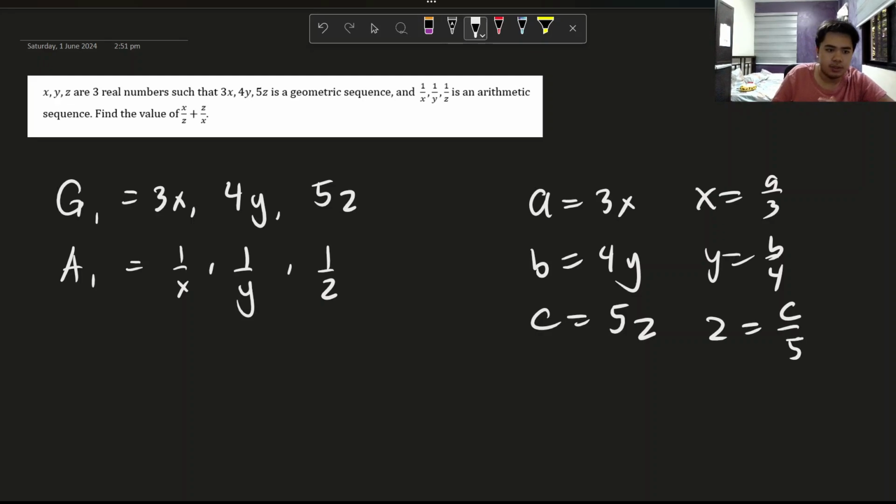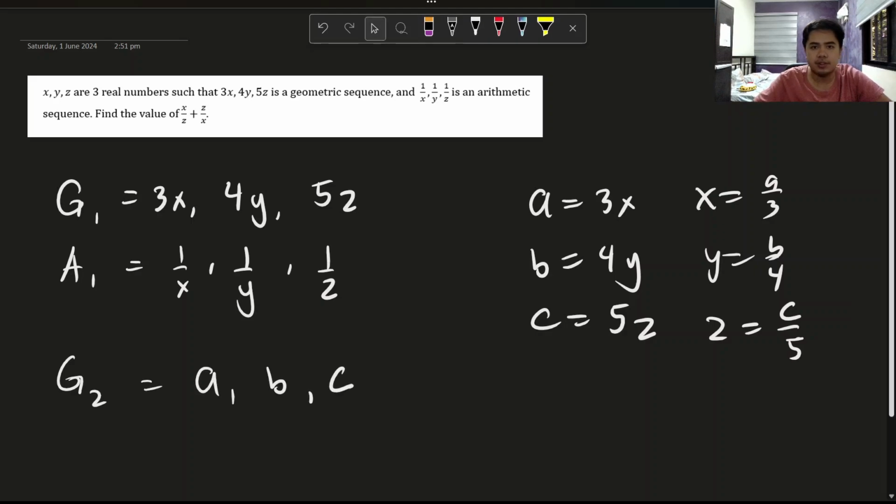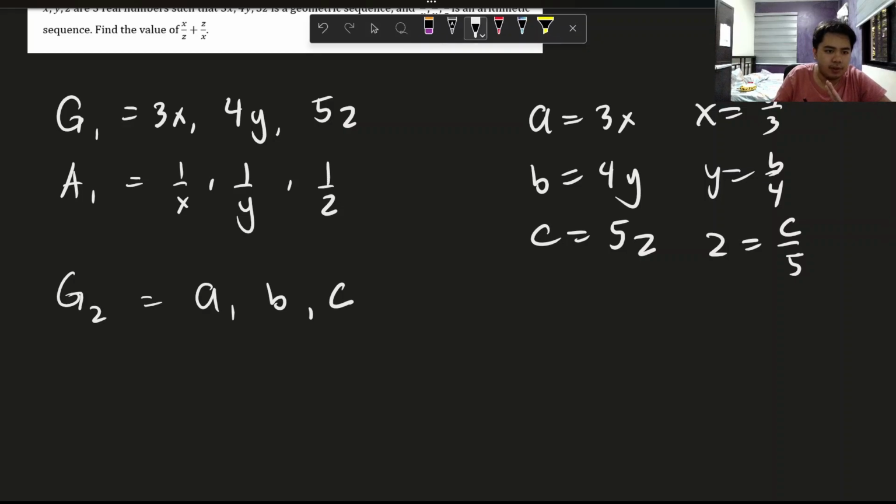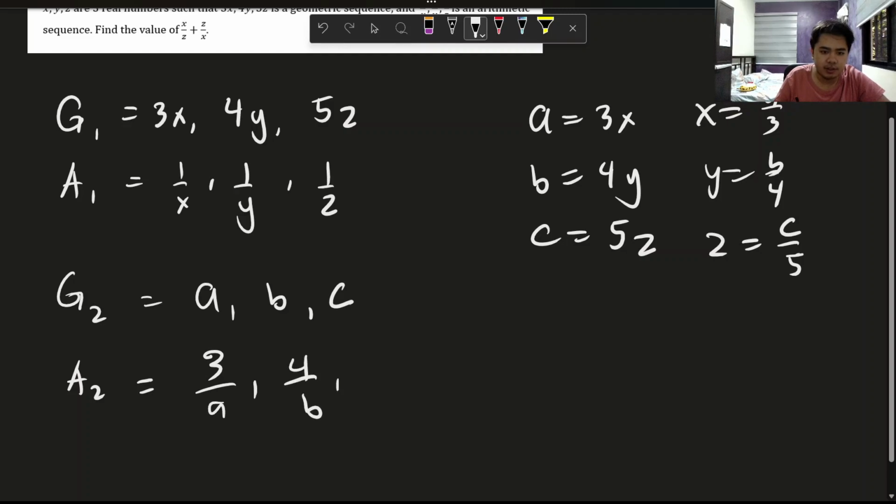It's all good. So I then made another sequence with A, B, and C in mind: A, B, C. So that's easier to read. And then the arithmetic sequence is now going to be 3 over A, 4 over B, 5 over C. This is similar to the one I worked on earlier.